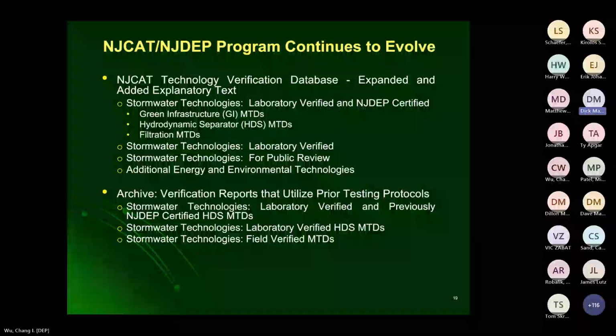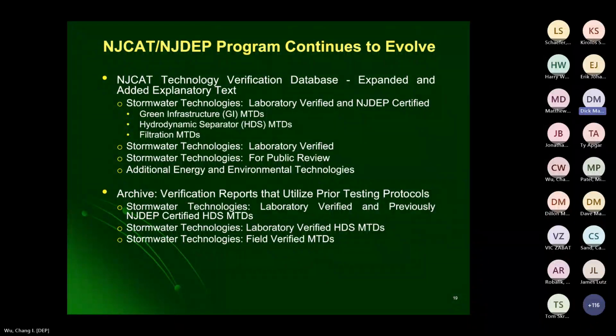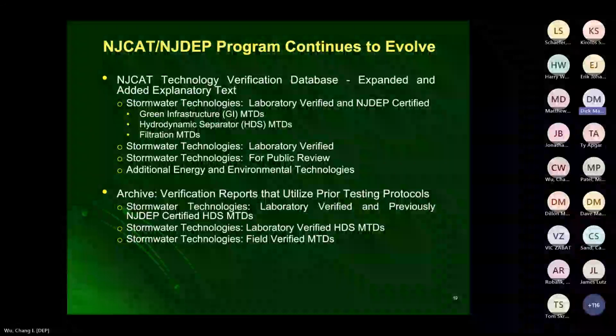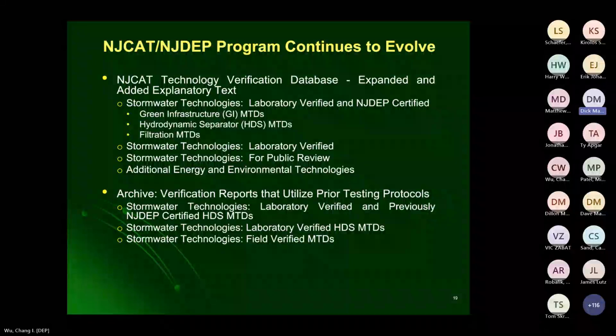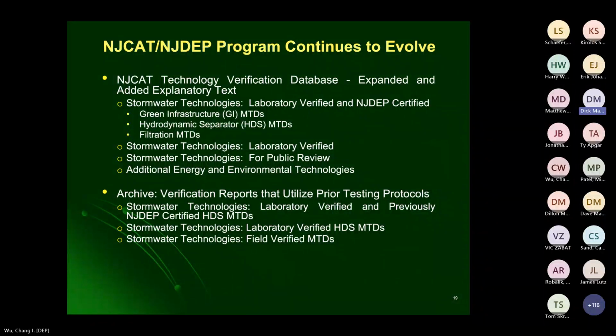Okay, so the program continues to evolve, and that's important to know. If you go to our technology verification database on njcat.org, we have expanded and added explanatory text. We've broken down the stormwater technologies into categories called laboratory verified and NJDEP certified.